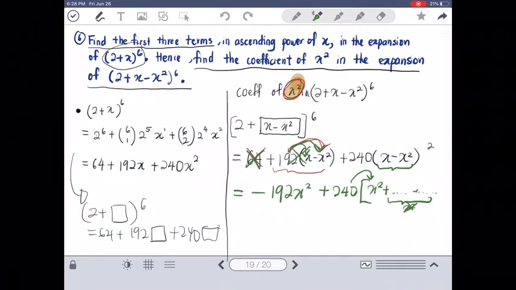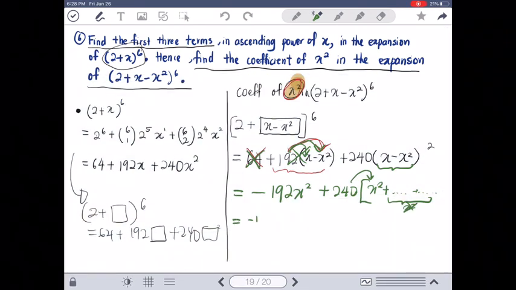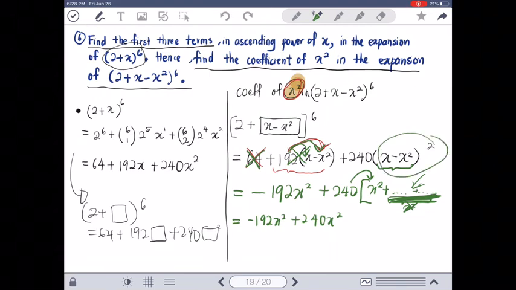So in other words, it becomes negative 192 x squared plus 240x squared. The other terms you do not need to consider. If you expand, it doesn't really matter because you will not get x squared. You only get x squared from the first term of this expansion.